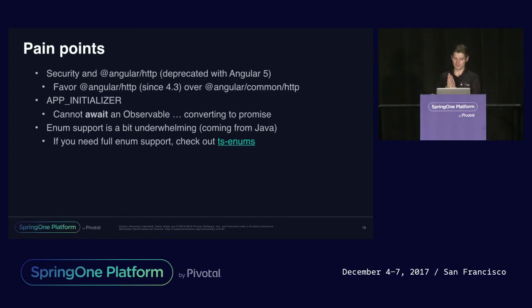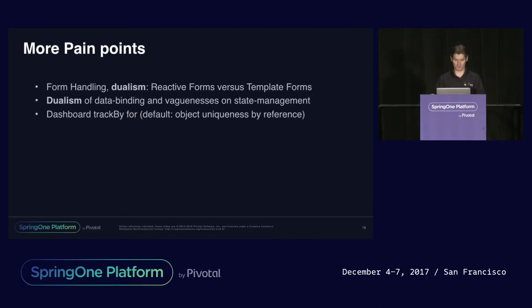There's enum support in TypeScript, but a little bit on the shallow side. So take a look at TS enums, which has a Java-inspired implementation for that purpose. And in my slides, I put a whole bunch of links in there. So if you get the slides, you can look all those things up.